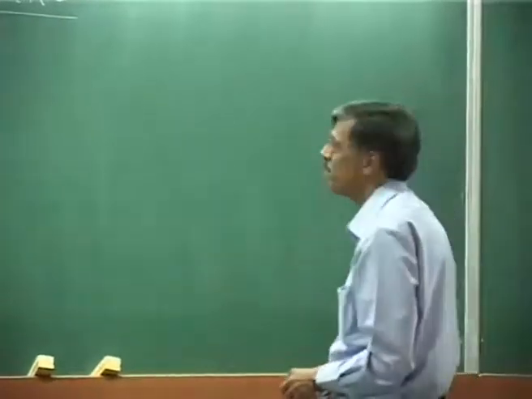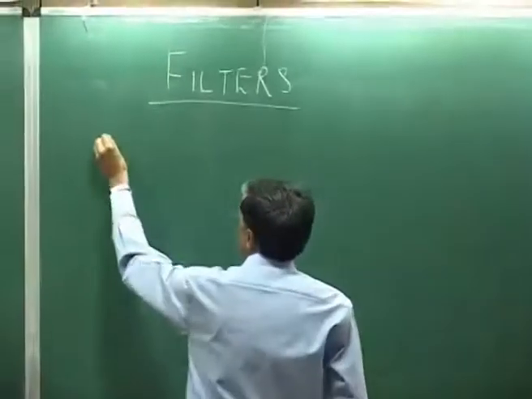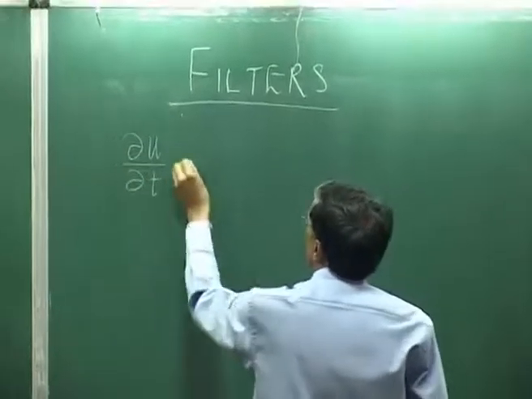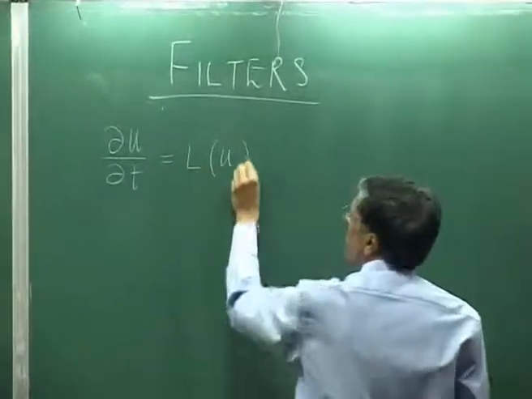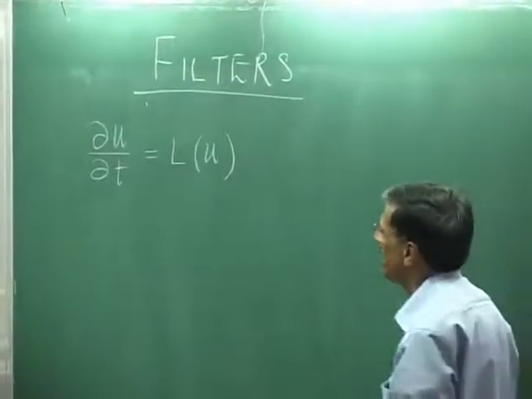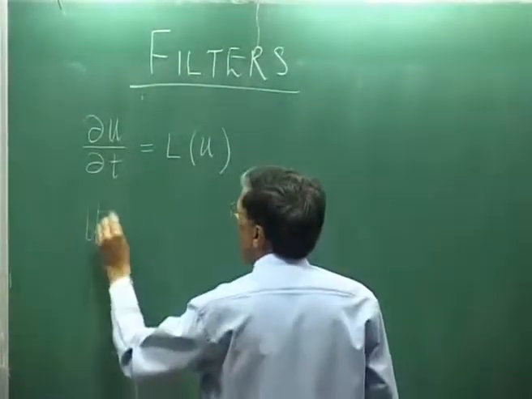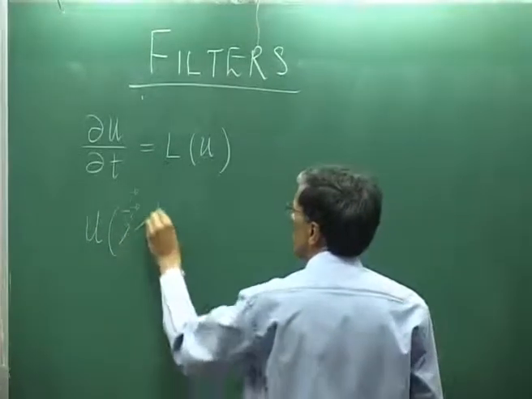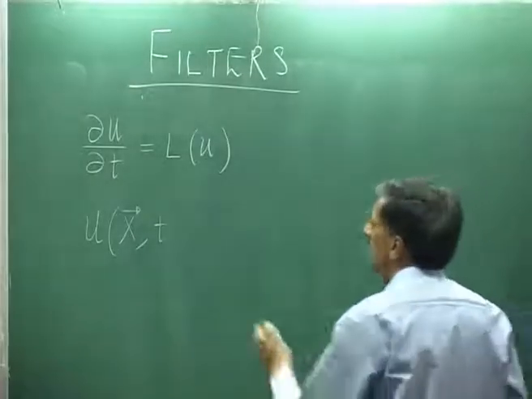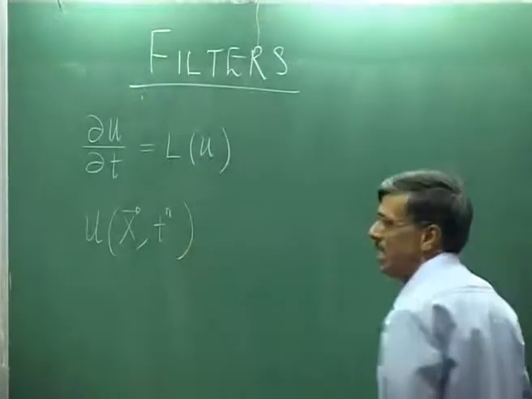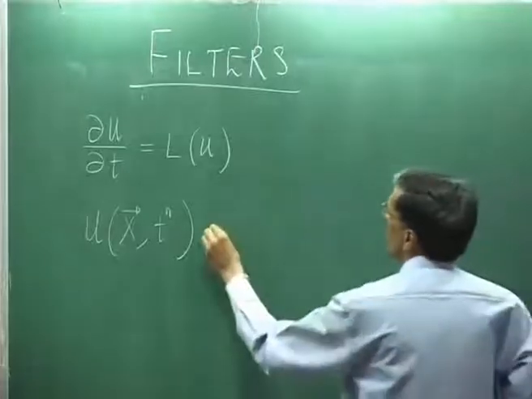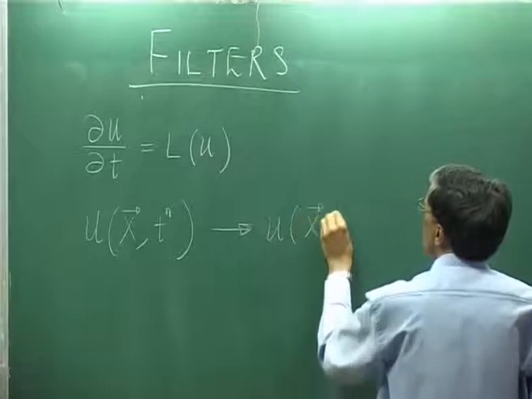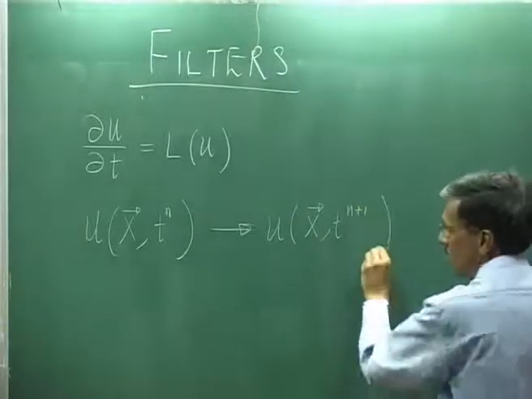Suppose the basic principle remains the same, that if you have an evolution equation of this kind, you have some solution, let us say depends on space and some time, let us say T n, and through this equation you actually arrive at the new state.